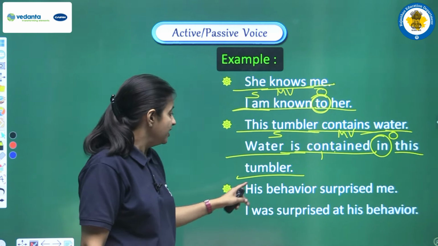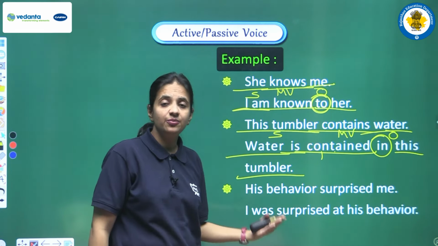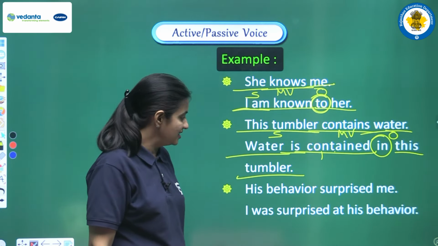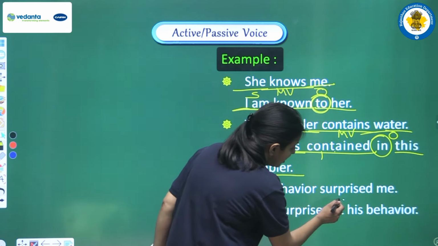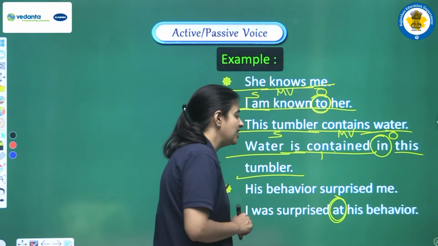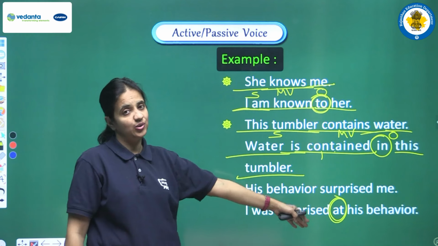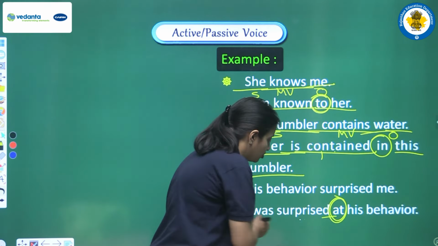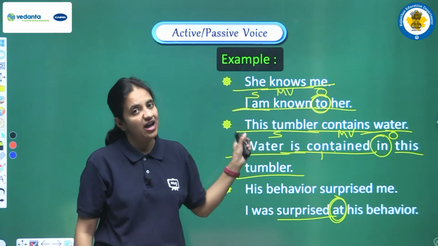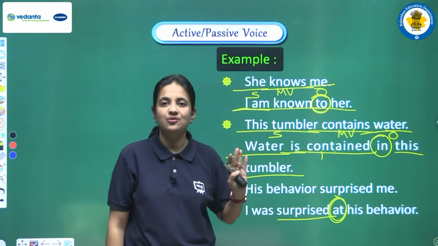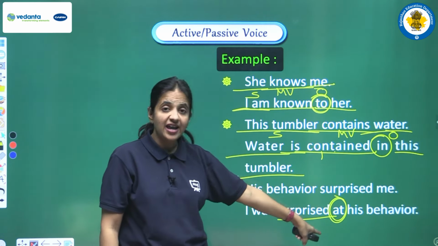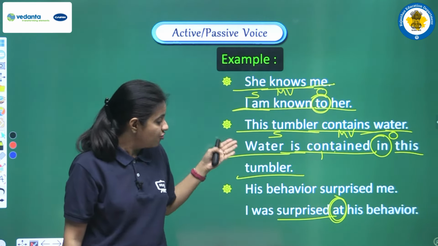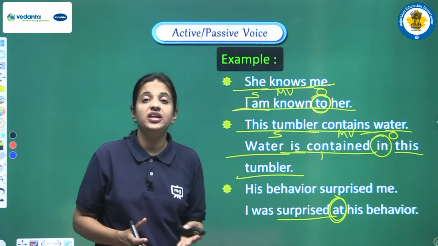Next example: his behavior surprised me. When we convert this sentence into the passive voice, we are not writing by his behavior, we are writing at his behavior. When we have this particular word, surprised, after surprised we don't write by, we write at, and the sentence will be: I was surprised at his behavior.